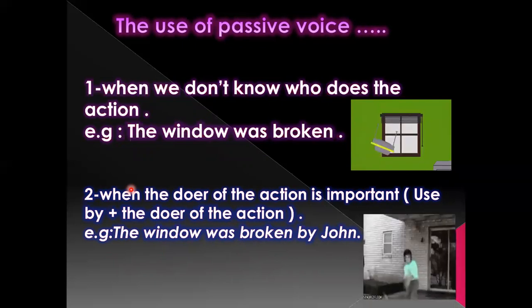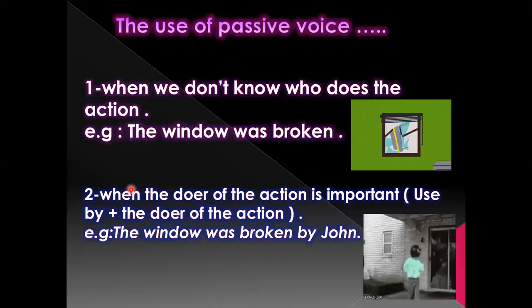Look at the second picture. John was playing and he broke the window. So when I ask you who broke the window, you can say the window was broken by John. So here, when the doer of the action is important to mention, we know the doer of the action, who is John, and it is important to mention him.